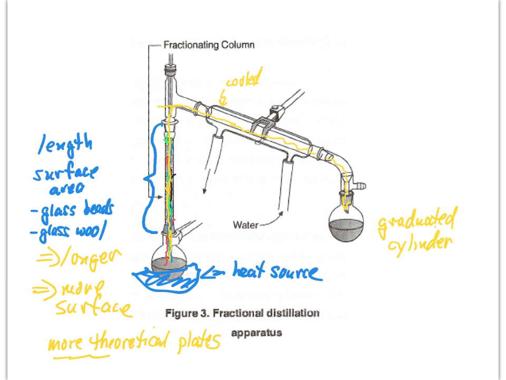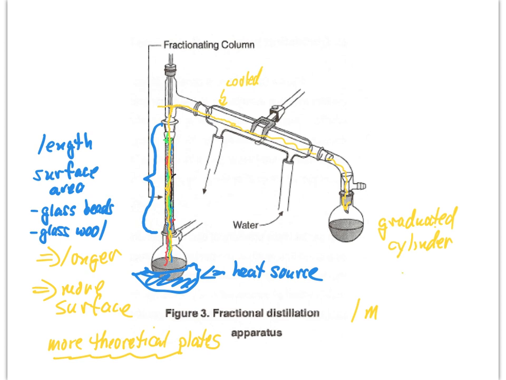Now, our condensers are about 8 inches long. Our fractionating columns are about 8 inches long. I've seen fractionating columns as long as 1 meter. Big, long columns.